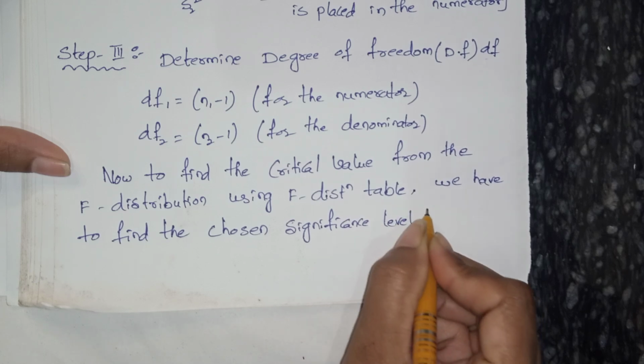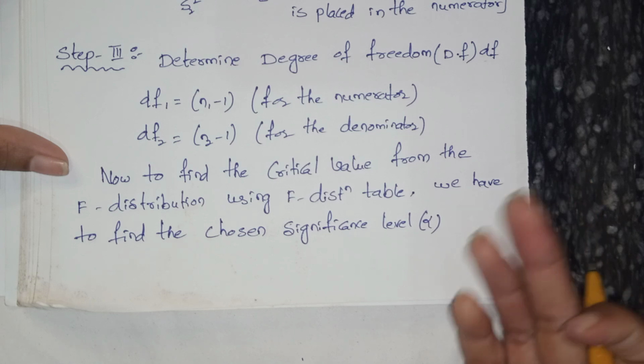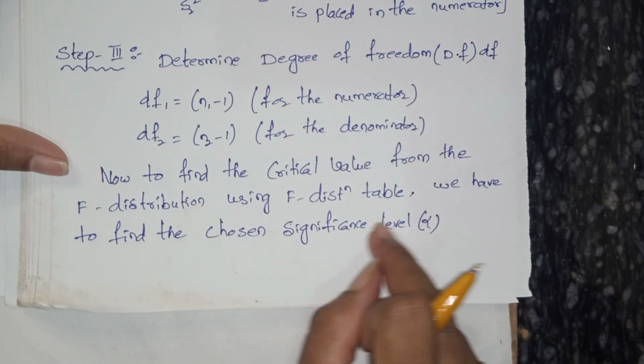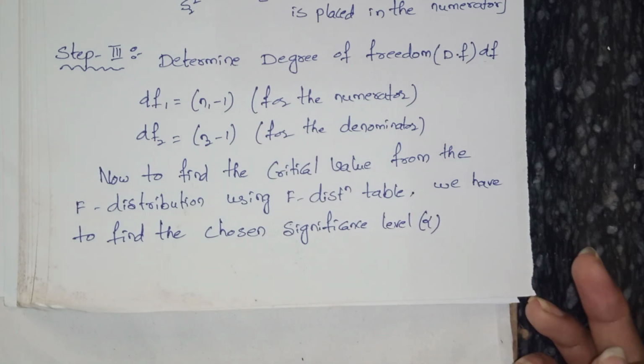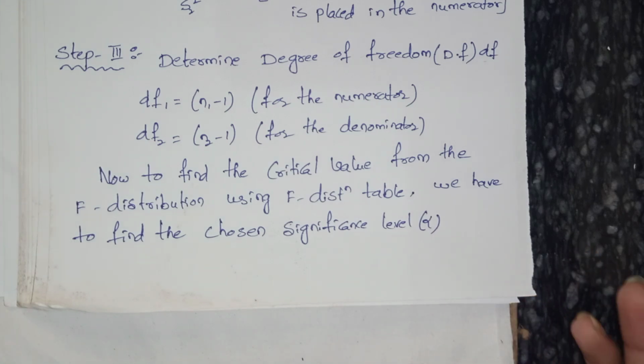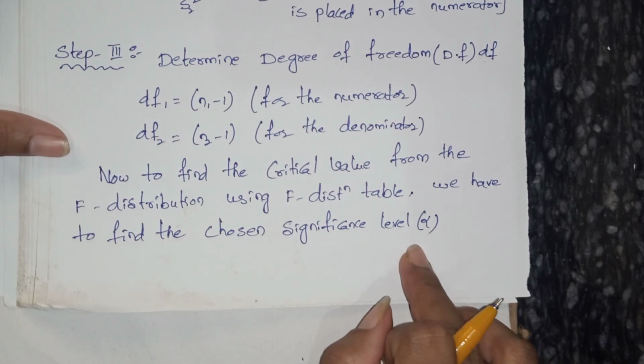We don't know at what level of significance we have to find it; depending upon the problem, we have to fix the level of significance. Sometimes they may give 5% or 10%, 1%, 90%, 95%, 98%, 99%. According to that we fix the level of significance.